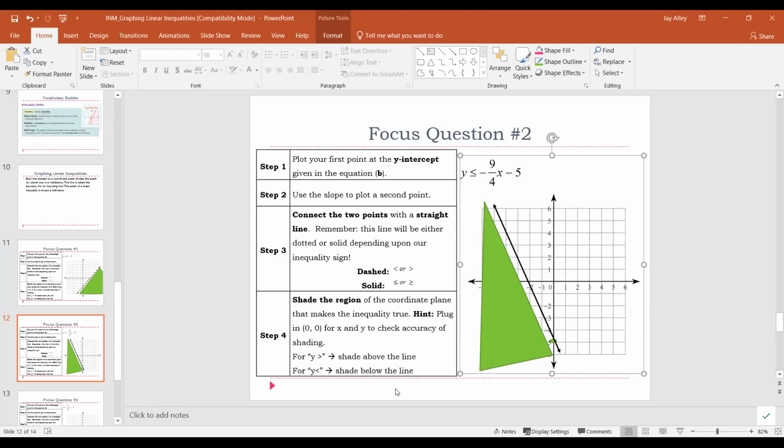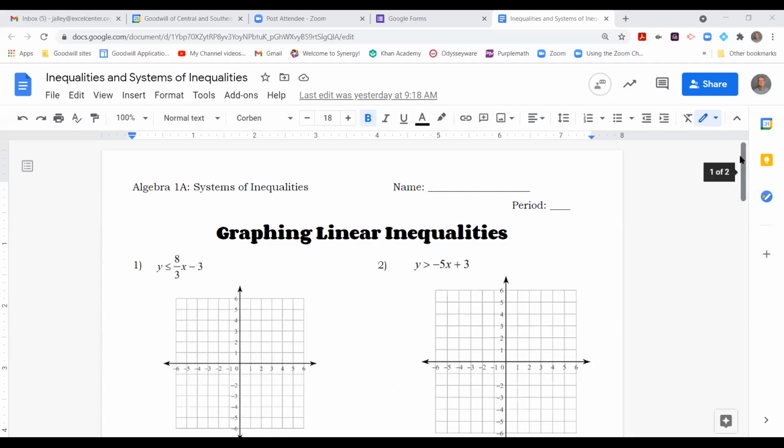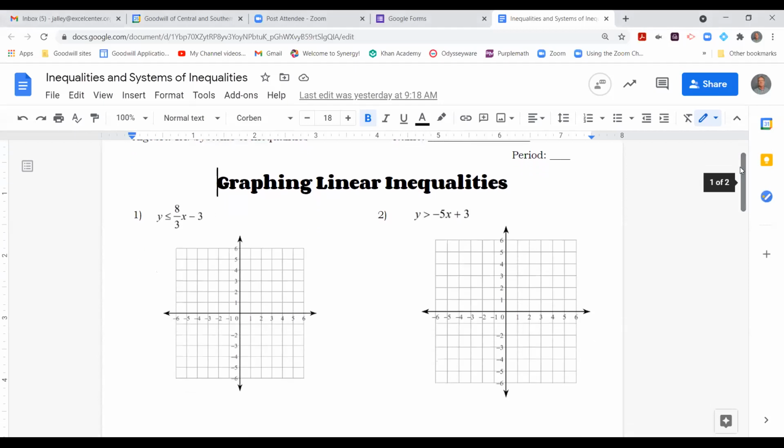Question, anybody? Okay, thank you. Now, people in class here actually have a little bit of an advantage over you guys at home, because I just handed them a paper copy of this. This was the handout that I was waiting for to come off the printer earlier.